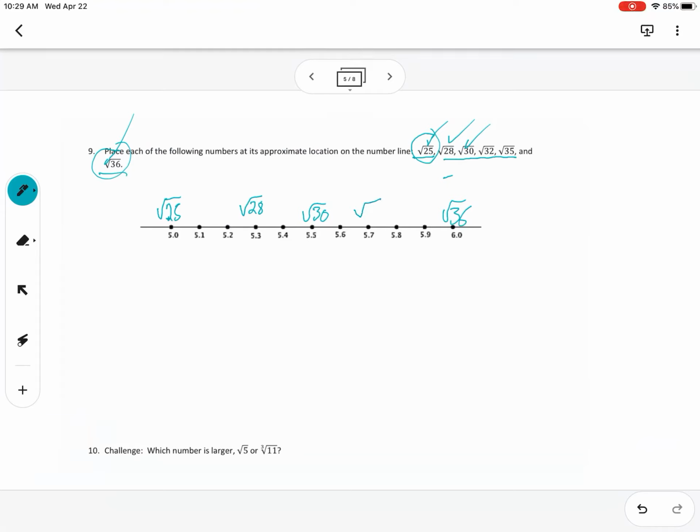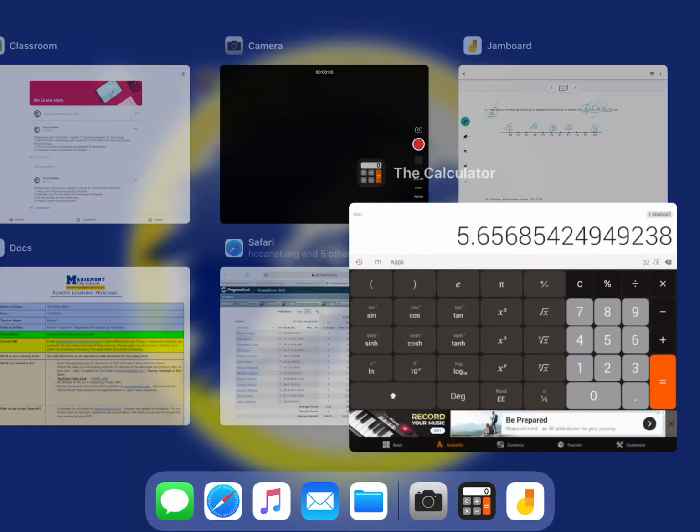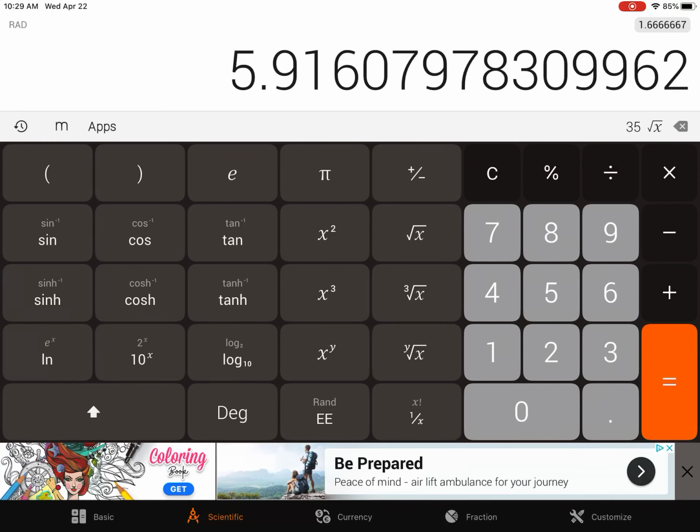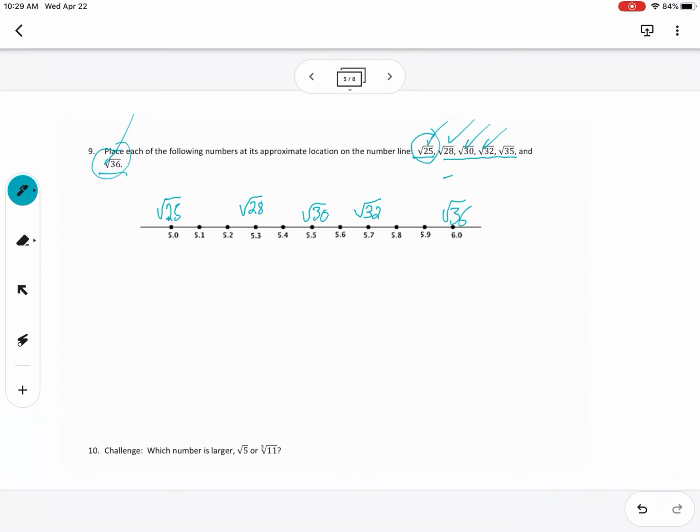Again, I'm rounding, I'm not truncating. And then my last one, square root of 35. 5.91, and if I round, that does round back down to 5.9. So square root of 35. And then there we go.